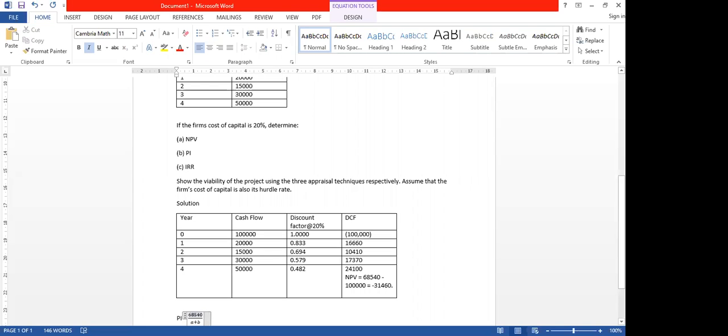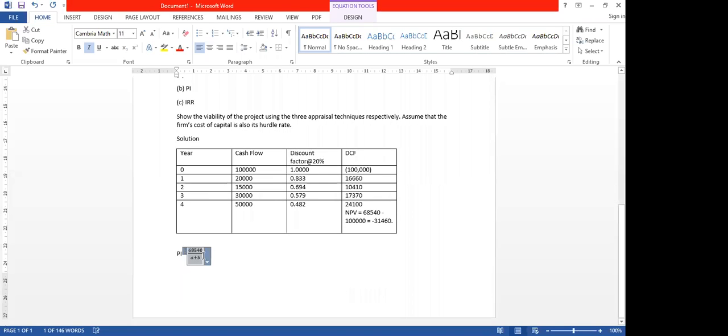Then our initial outlay is 100,000. So what will be our PI? 0.6854. That's 0.69. Our PI is 0.69. Yes, sir. Profitability index is 0.69.